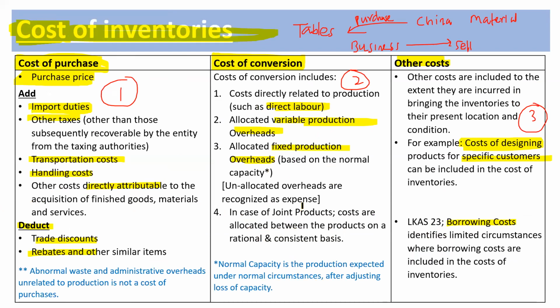There are some additional things I didn't explain further because in our syllabus we have only the basic idea on this, right? If you have any questions, anything further, if you want to clarify, let me know. I will do it. Simply you remember there are three parts in the cost: cost of purchase, cost of conversion, and other costs.